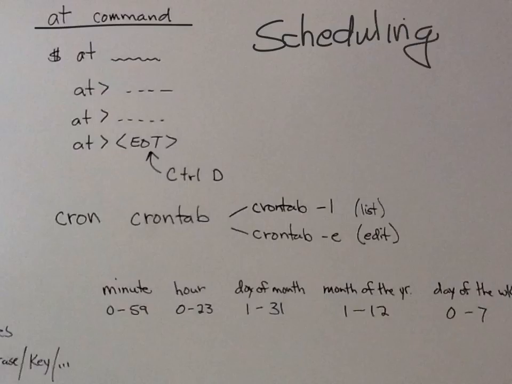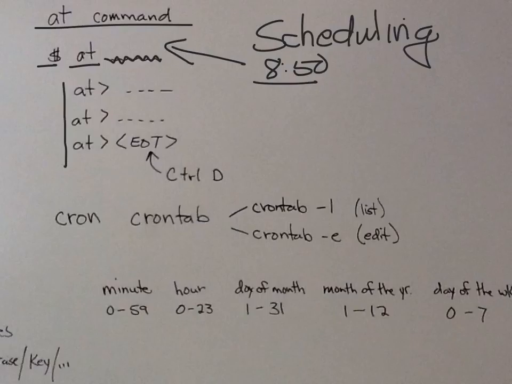So you can schedule a command. You can actually type the prompt at and give a time for the command to execute. There's a variety of ways you can do this. We just did the example in class of giving a particular time, like 8:50 or something. And then it gives you this array of things to do, and you can type in commands here that you want the computer to do.